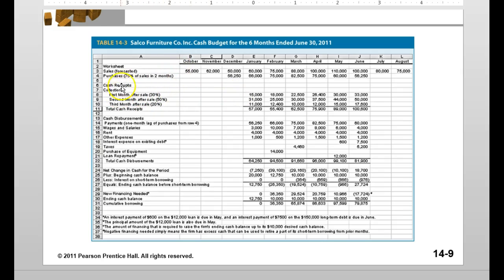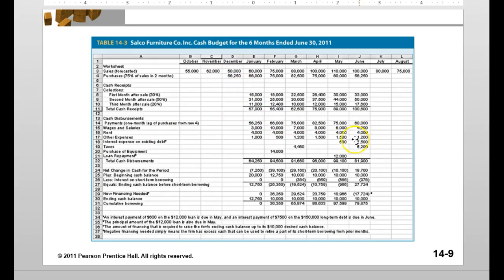So purchases are 75% in 2 months. Then you're going to look at collections. And usually you get 30% the first month, 50% the second month, and you see how they stagger down. And that's going to give us total cash receipts for each month.